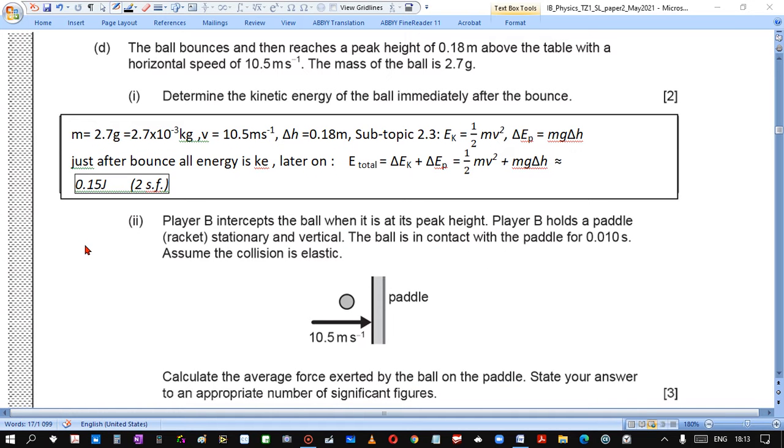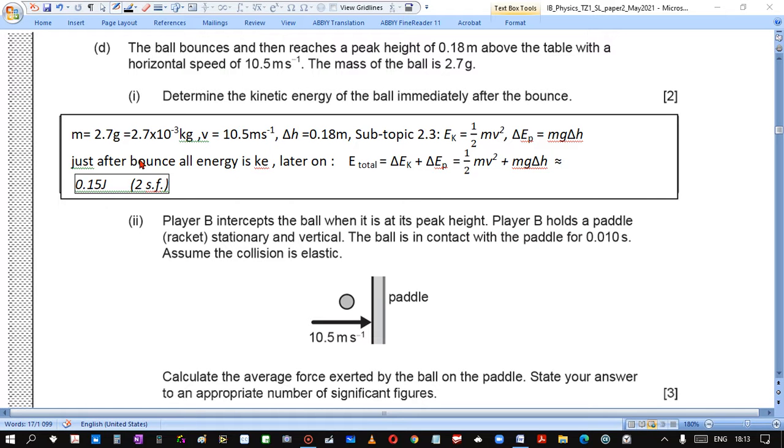Part D. The ball bounces and then reaches a peak height of 0.18 meters above the table with a horizontal speed of 10.5 meters per second. The mass of the ball is 2.7 grams. Determine the kinetic energy of the ball immediately after the bounce. So after the bounce, total energy is conserved, and the ball's kinetic energy decreases, but potential energy increases, but total energy stays the same.